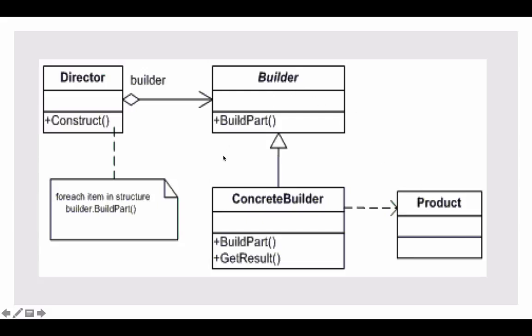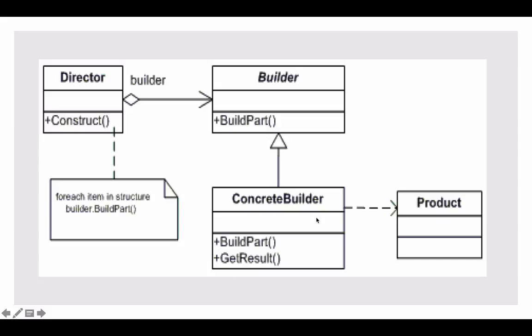Also, all the concrete builder classes which implement this builder will provide their own implementation of building that particular part of the product. And we'll have one more method which we will use to return the instance of the product which we created.